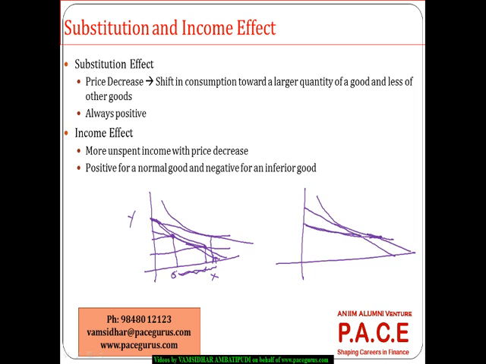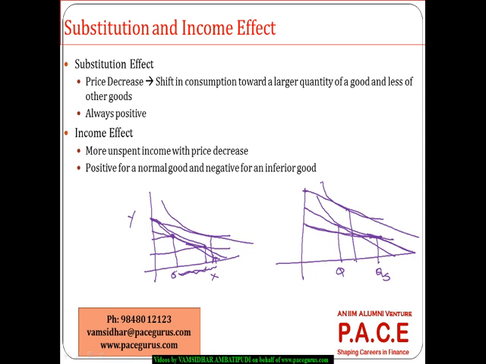He is able to consume more and more of X. Now if he wants to shift to a higher utility curve because of the additional dollars he has, his income is typically going up. Initially he was able to purchase only this much quantity. After the substitution effect, he was able to purchase this much.